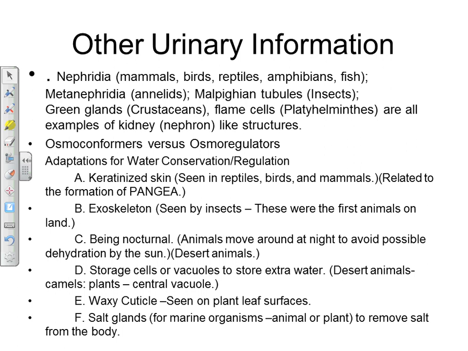So these are important adaptations to help keep water in and regulate your water salt balance. Skin with keratin, protein, keratin, waterproof. Exoskeletons, only coming out at night. Cells or vacuoles to store water, a cuticle, a waxy coating, and ways to pump out salt.